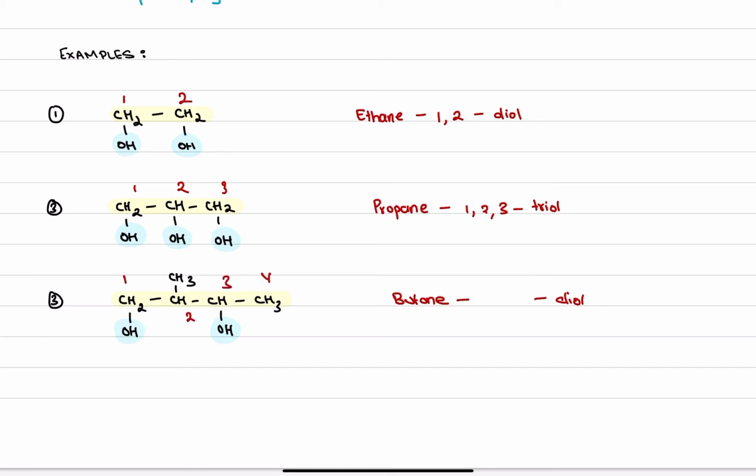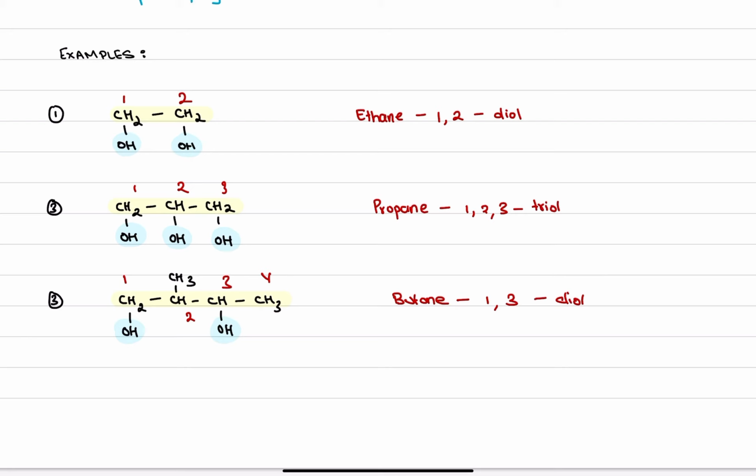And the reason I did that was because in this case, I'm getting the labeling of 1 and 3. If I did it otherwise, I would get 2 and 4. I would definitely prefer 1 and 3 over 2 and 4 because that is generally giving us lower numbers. And so forget about this numbering over here. And so I'm going to write down 1, comma 3 diol.